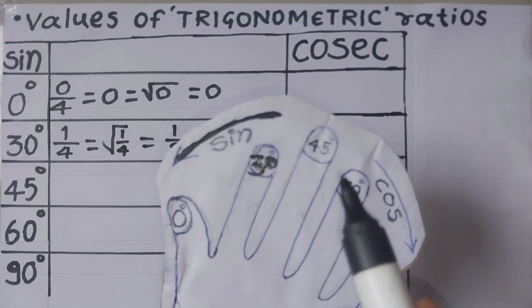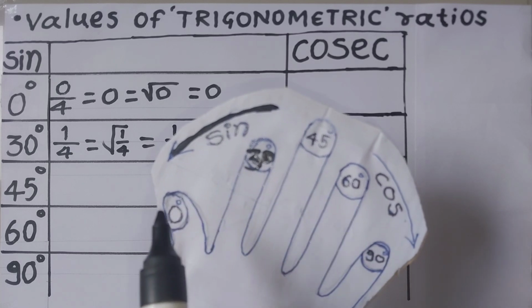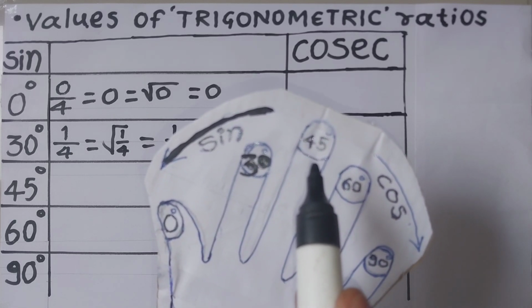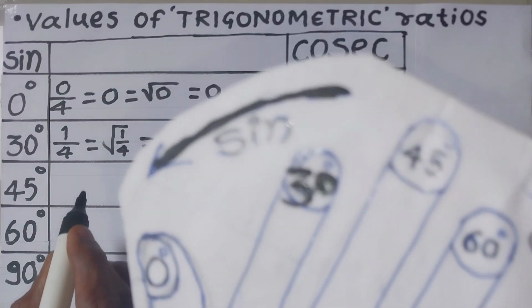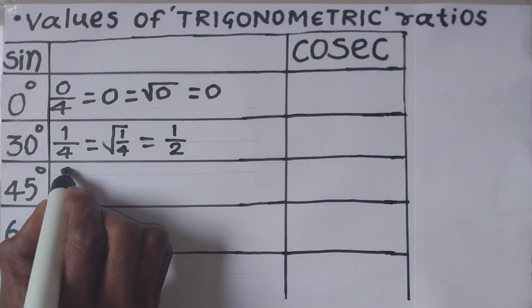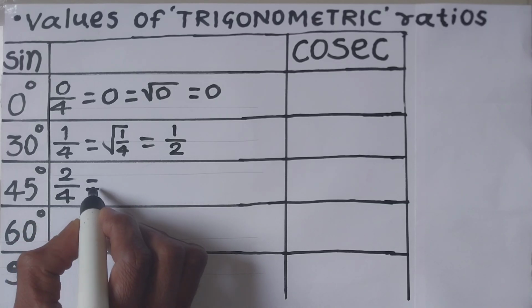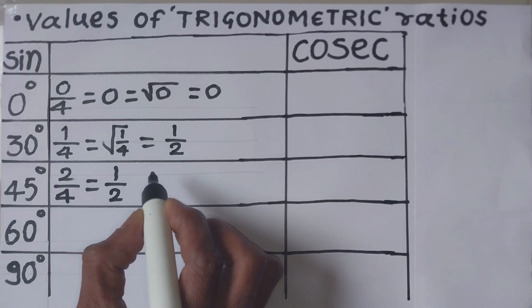Now we take sine 45. Anti-clockwise, at 45 degree, the middle finger, on the left side 2 fingers are left. So we write 2 upon 4. Now 2 upon 4 means 2 ones are 2 and 2 twos are 4, division.